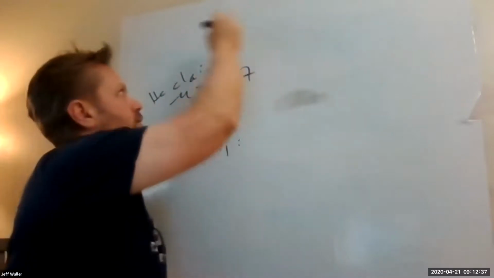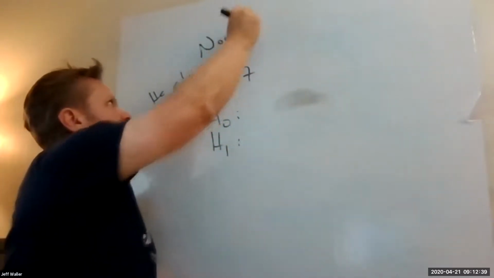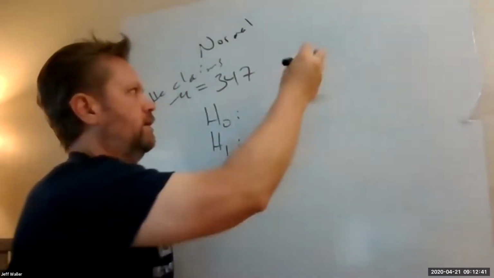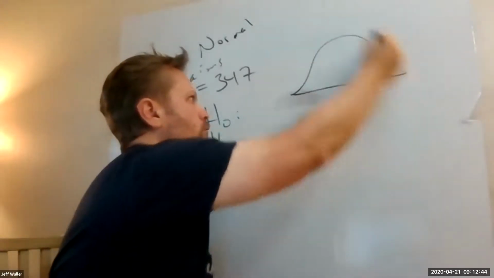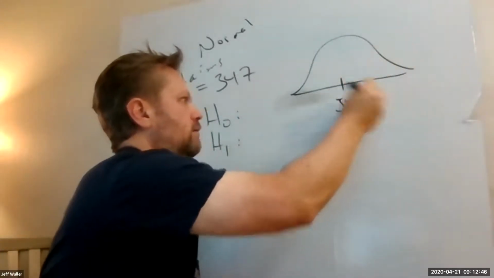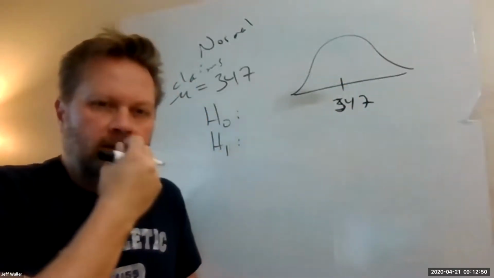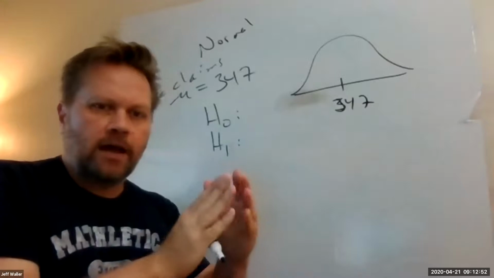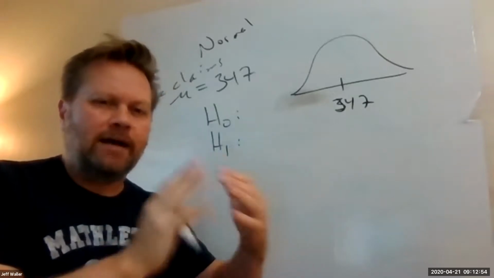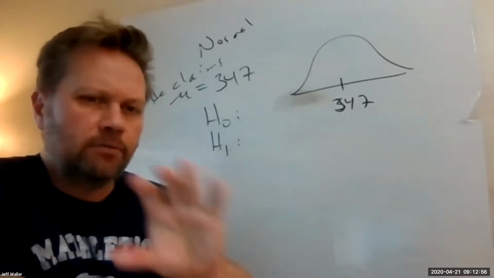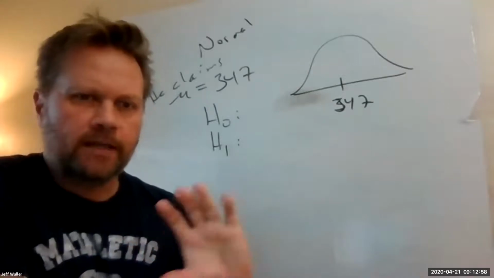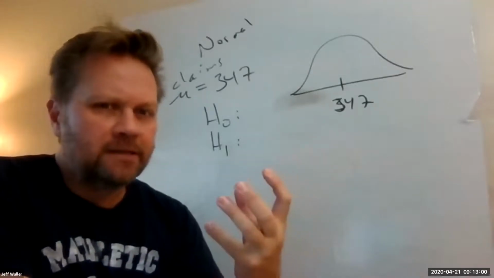Say this problem, I know it's normal. Just give me a break here. I've got to talk about one thing at a time. What would be evidence that it isn't 347? So the average really is 347, and I take a sample.